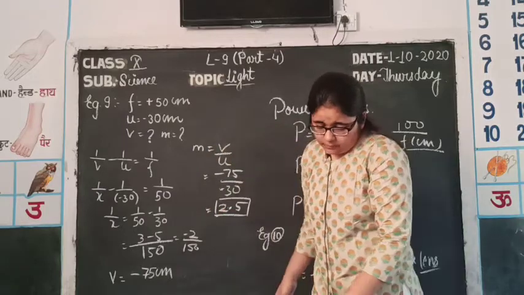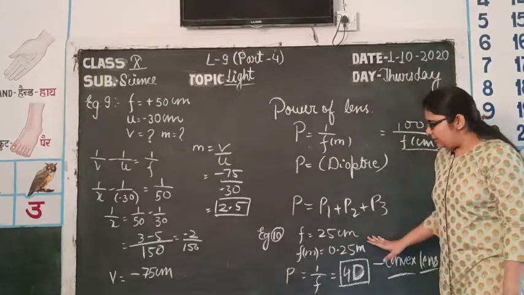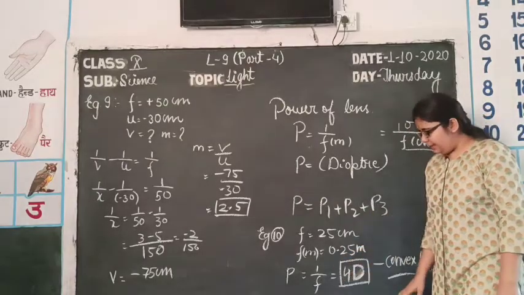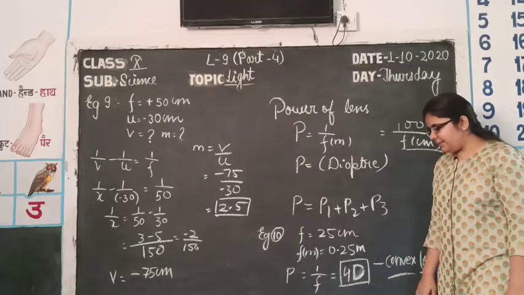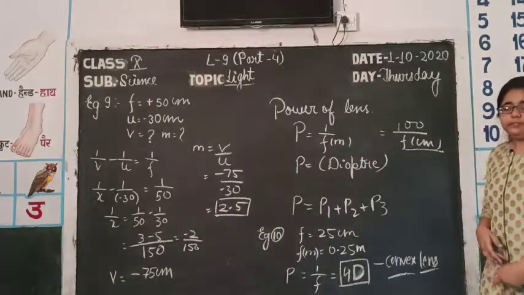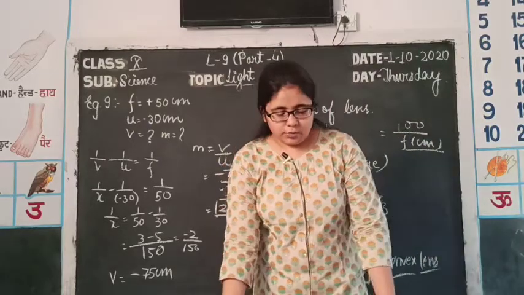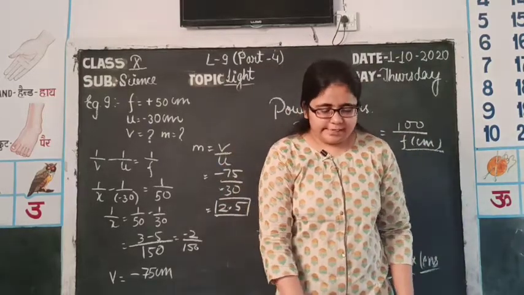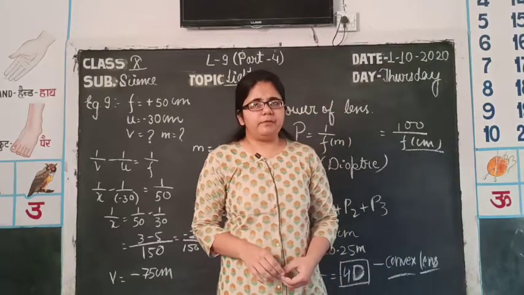As focal length is plus 25 centimeter, the power will be 1 by f, and by converting the focal length from centimeter to meter, we get the power 4 diopter, and this positive power denotes that the lens is a convex lens.